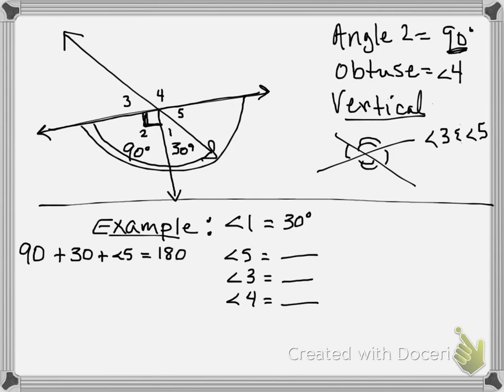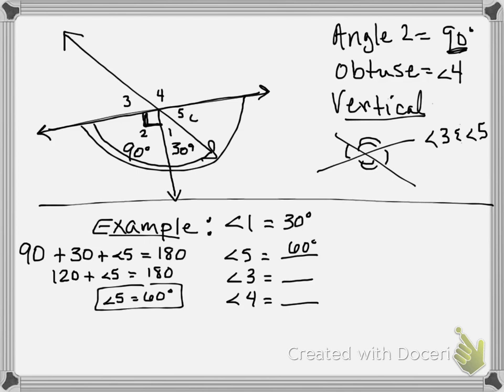So we're just combining like terms. 90 plus 30, and I've got angle 5 in there still, is equal to 180. So angle 5 is just whatever 180 minus 120 is. So angle 5 obviously is 60 degrees.